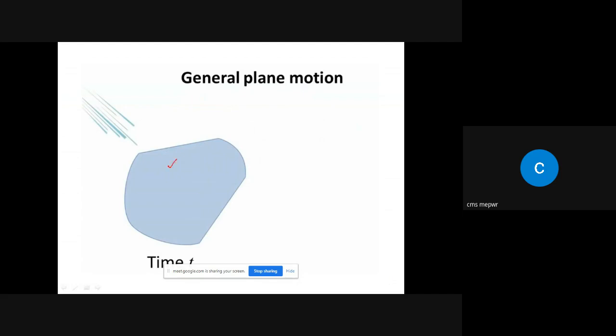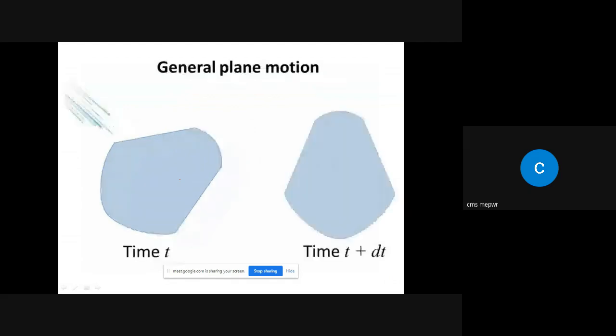Now, after some instantaneous time dt, the object moved from this current position to this new position.